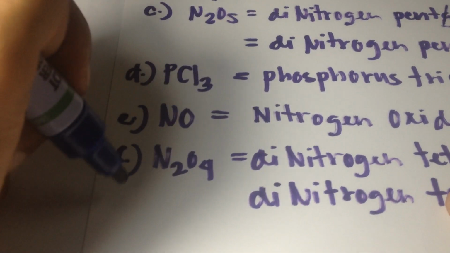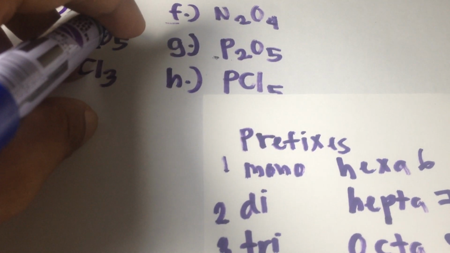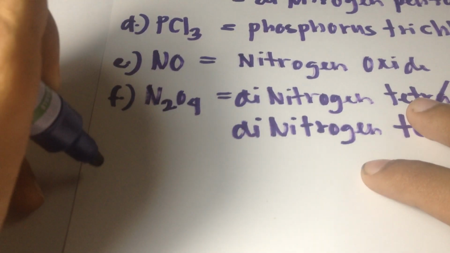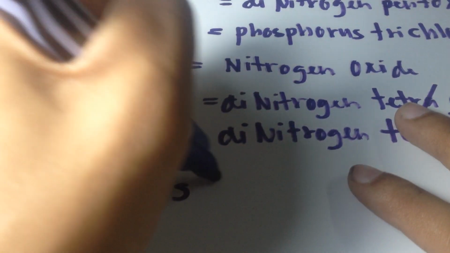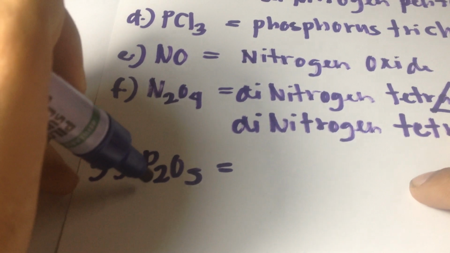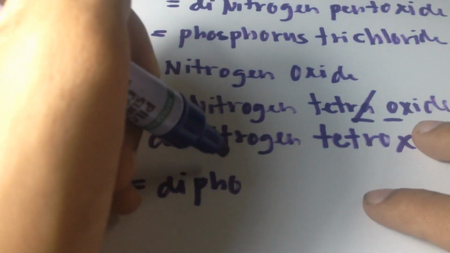How about letter G? Letter G is P2O5. So letter G, P2O5 is equals to 2 subscripts, so di, phosphorus.